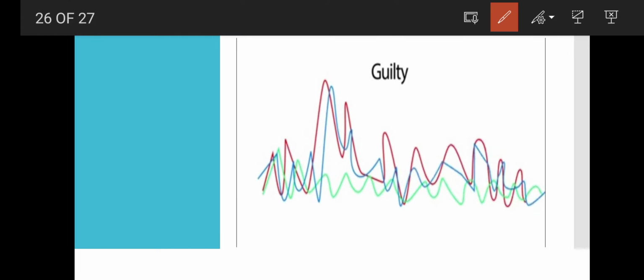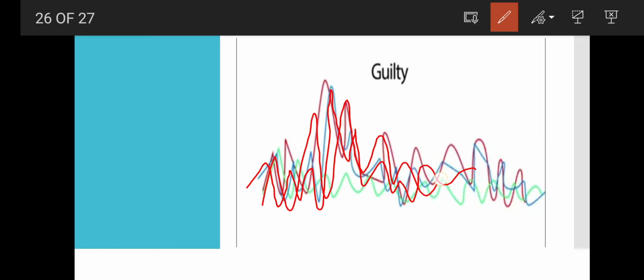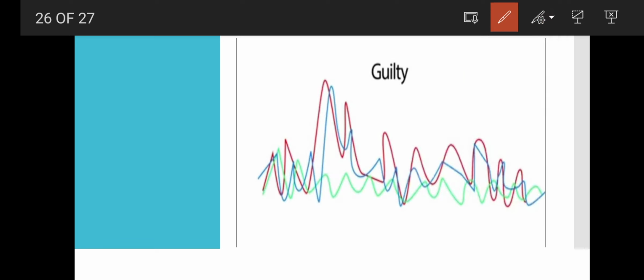Then, in the case of a guilty person, we can clearly see that the blue waves have high intensity of peaks, and the target waves also have high intensity of peaks. That means both the target waves and the blue waves have the same amplitudes, so we can say that they are correlated. On that basis, we say that the person is guilty.